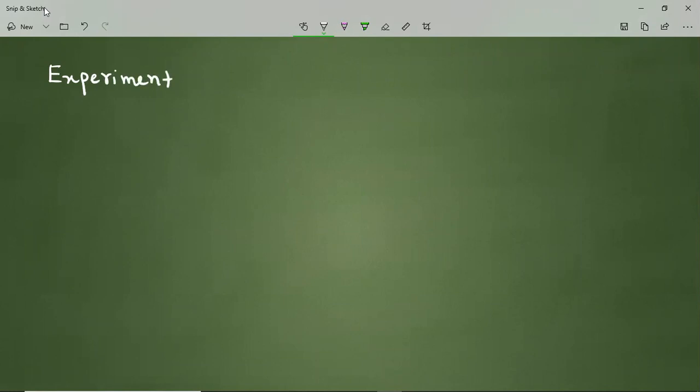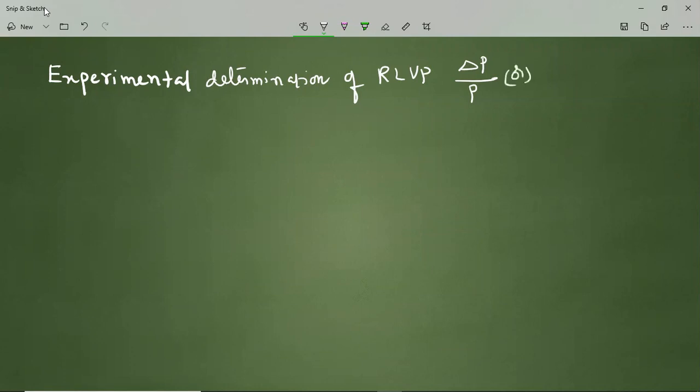RLVP means relative lowering of vapor pressure, or you can say delta P by P, or you can also call this P naught minus P by P naught.